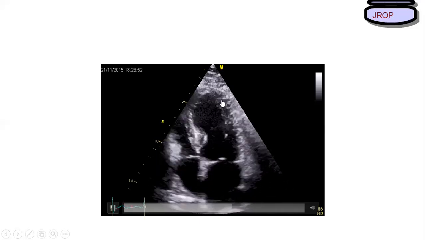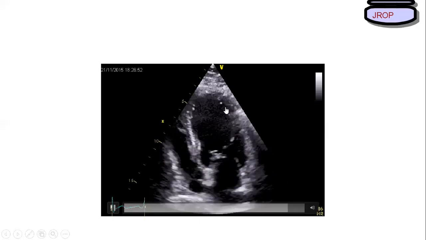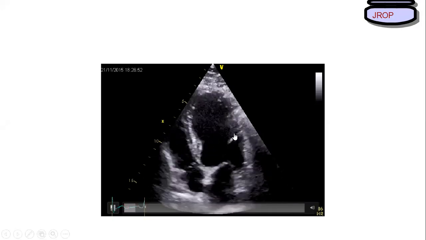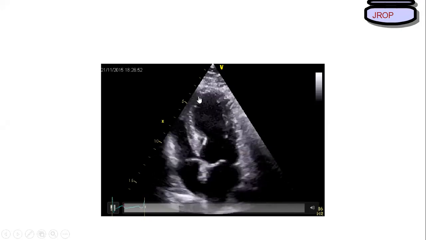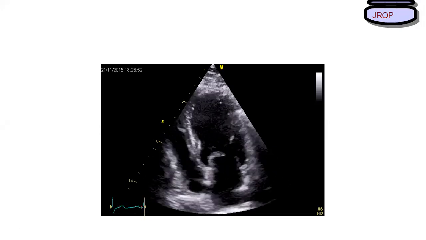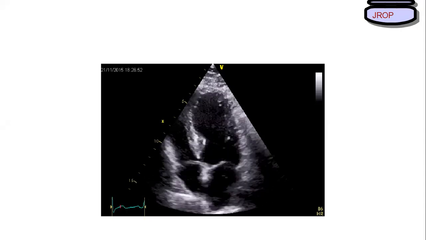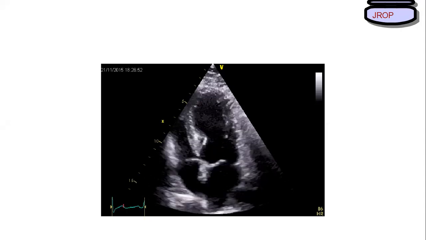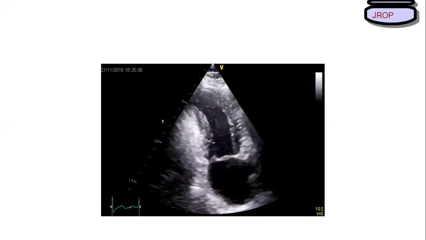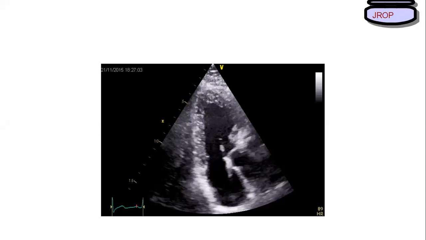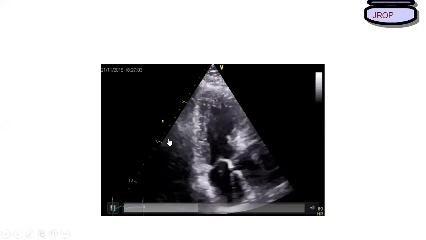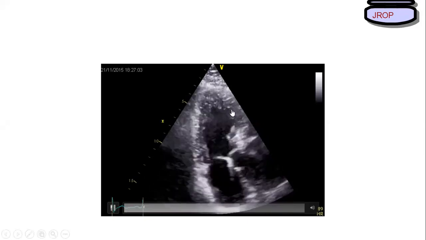You cannot say any thickening now. From this point onwards, downwards, the thickening started happening. But this segment is akinetic. Yes, sir. So this is akinetic. All right, let's see more. Now the akinesis has shifted to the mid-anterior septum. Just this part is akinetic.